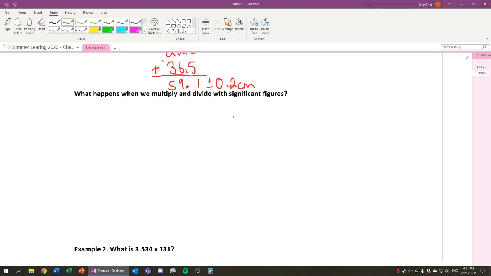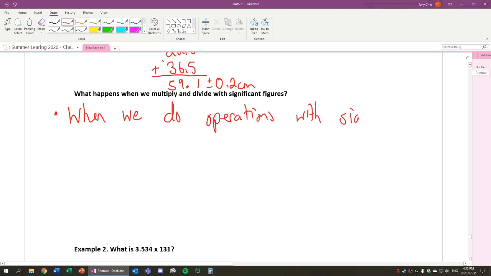What do you do with sig figs if you do order of operations with them? Well, when we do operations with sig figs, we need to round to the correct sig figs.